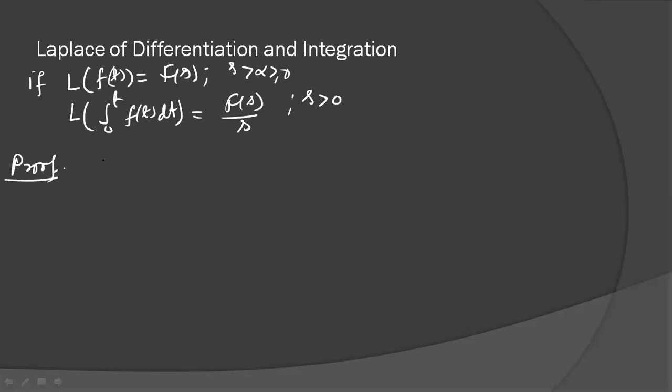So we assume this function as phi t. So phi t is the integral from 0 to t of f(t) dt. I am taking phi t as this. Now our aim is to find the Laplace of phi t.